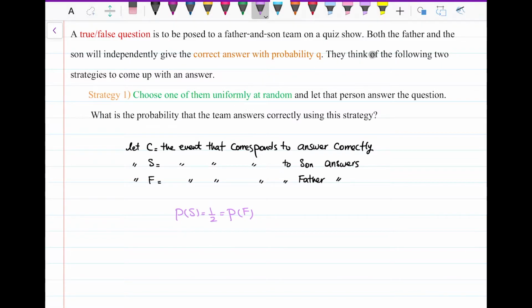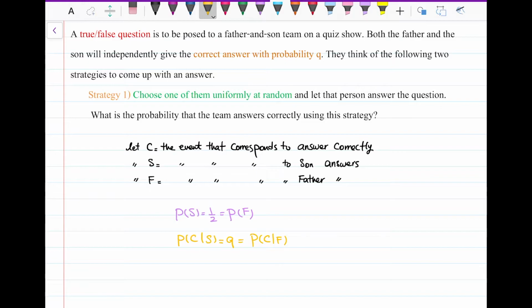Then it says that the father and the son will independently give the correct answer with probability Q. What it means is that the probability that we have the correct answer given that the son answers the question is Q. And also the probability that the answer is correct given that the father answers is also Q.